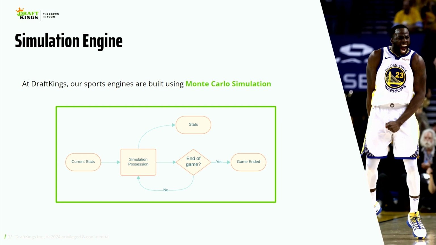We continue to repeat the process tens of thousands of times so that we have tens of thousands of simulations, and for each simulation, we get the final outcome of the game. By doing simulation, we essentially can build a distribution of different outcomes.